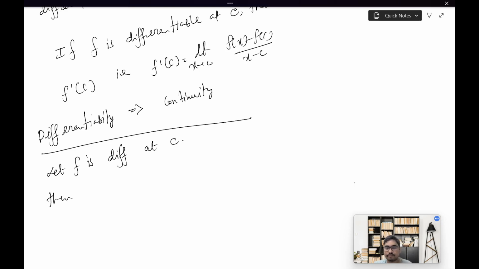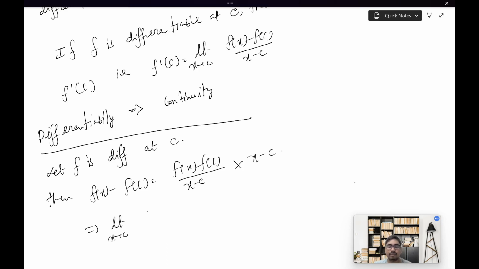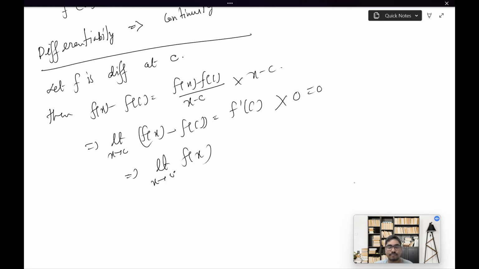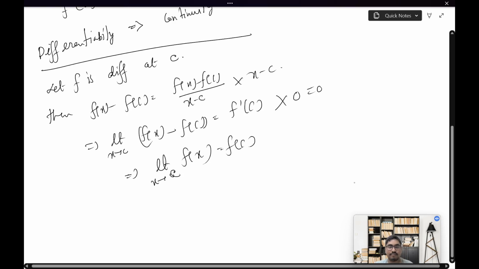Then observe that f(x) minus f(c) is equal to (f(x) minus f(c)) by (x minus c) into (x minus c). So this implies the limit as x goes to c of f(x) minus f(c) is equal to f dash c times 0, which is 0. So the limit as x goes to c of f(x) is equal to f(c). So differentiability implies continuity.